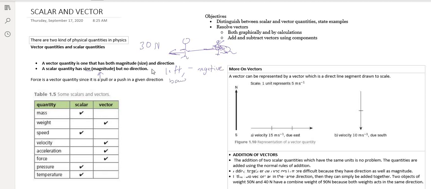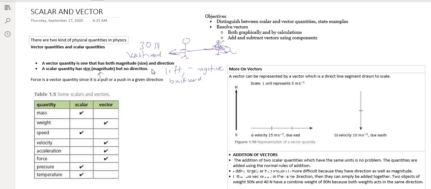That's another way of talking about directions. We can also use the cardinal points. This would be west, so he's pulling with a force of 30 newtons westwards. There are different ways that we can talk about directions.